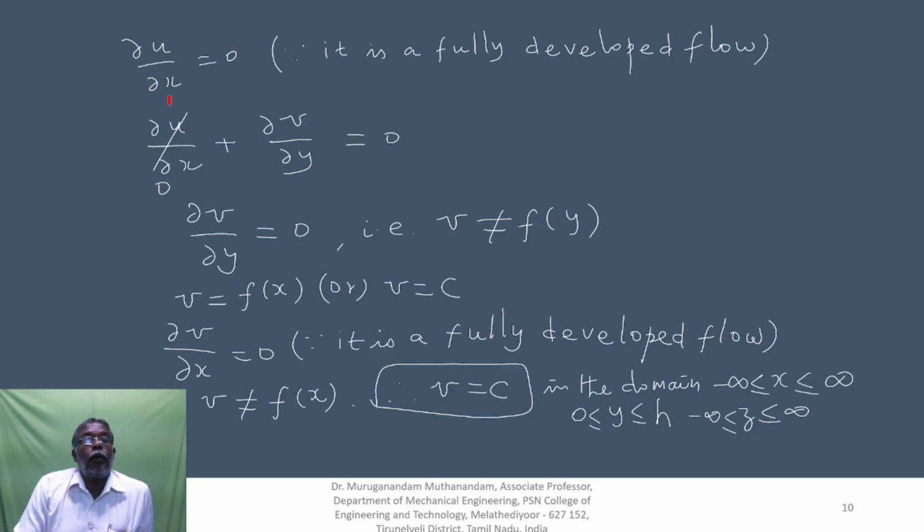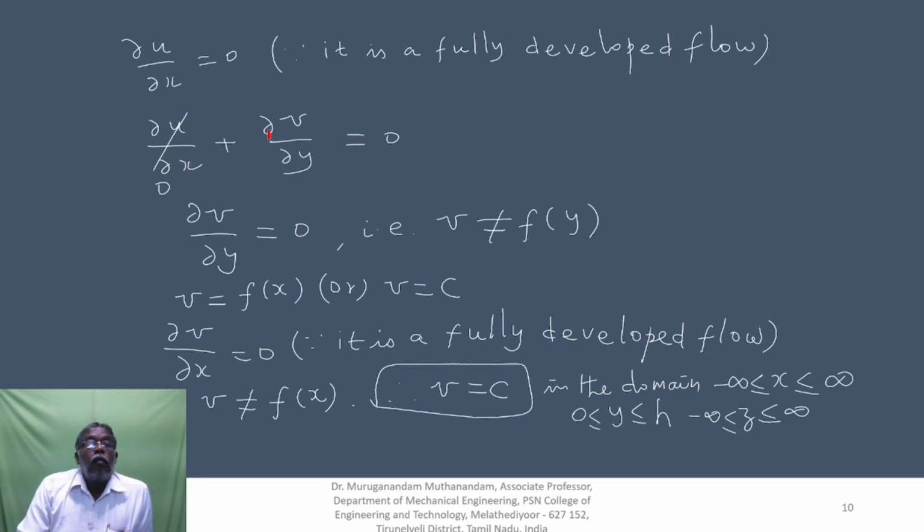Why is partial u upon partial x 0 in a fully developed flow? To explain this, another separate lecture will be given in this series in the future. Okay, partial u upon partial x is 0 because of that condition, fully developed flow, that is, viscous effect is prevalent over the entire flow field or entire flow domain.